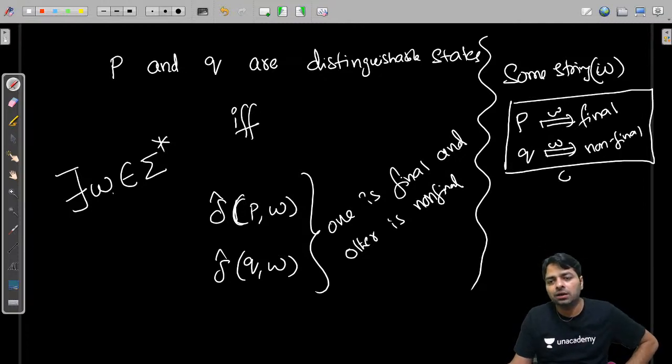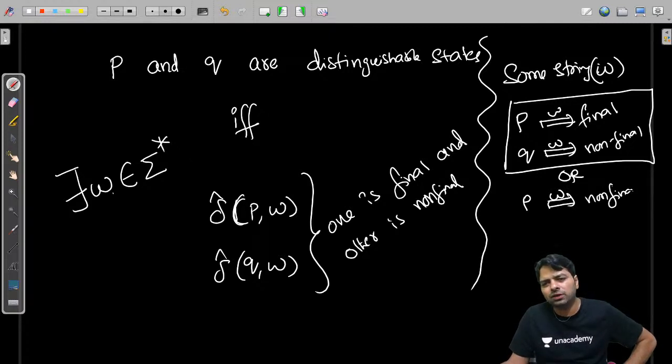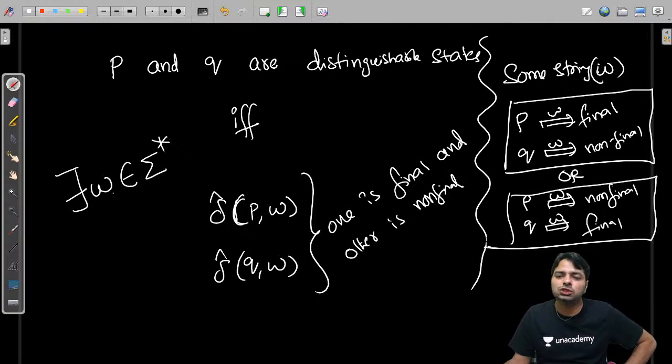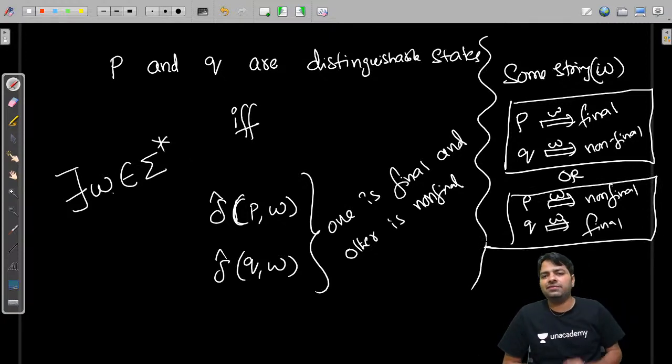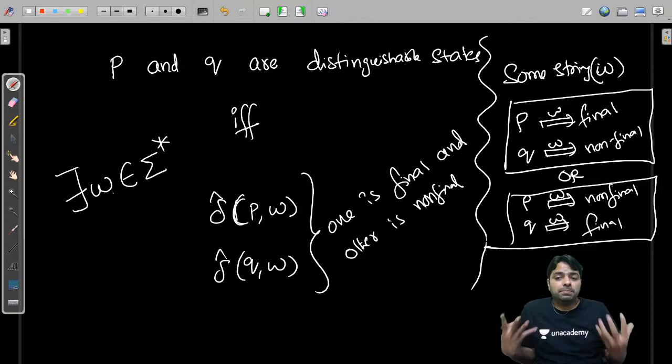Either this may happen, or from P by reading W, and which W, that we will look at by using the algorithm. Q on W, if it goes to final, that means we cannot combine these two states. We never combine such two states, because at some point they may work differently because of this W.